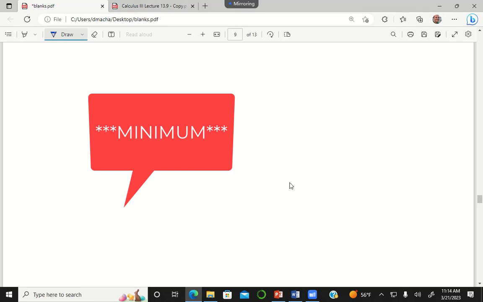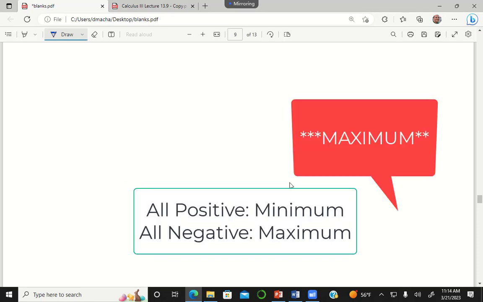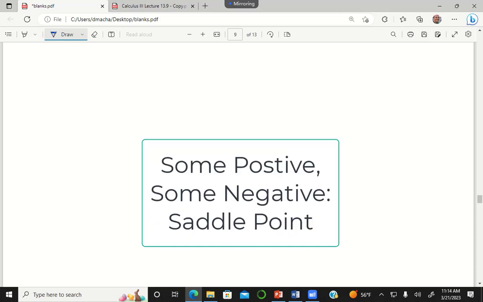But if you want to characterize the critical point as a maximum or minimum or saddle point, you actually have to find the eigenvalues of the Hessian matrix. If all of the eigenvalues are positive numbers, you're looking at a minimum. If all of the eigenvalues are negative numbers, then you're looking at a maximum. But if some of your eigenvalues are positive and some are negative, then you're looking at a saddle point.